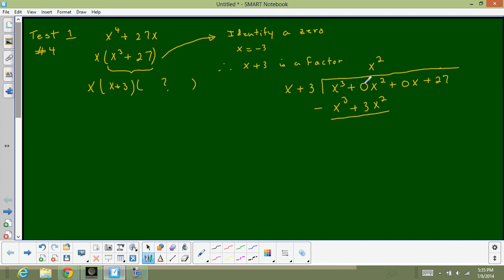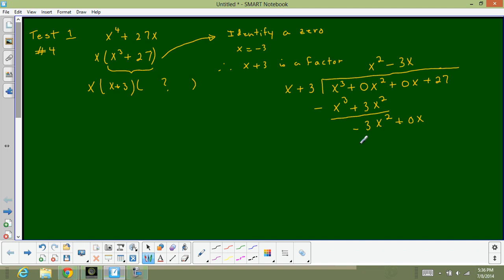When we do that subtraction, 0 minus 3 is -3x squared. And just like in the arithmetic process, we bring down the plus 0x. Then we again ask ourselves, what do we have to multiply by up here to match up the negative 3x squared? We're going to have to multiply by negative 3x.